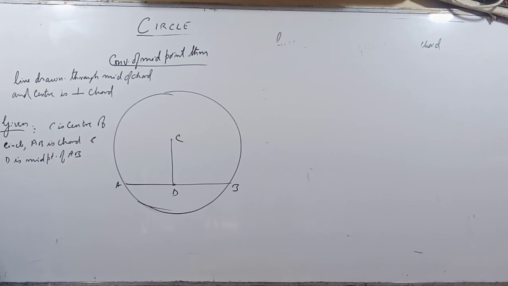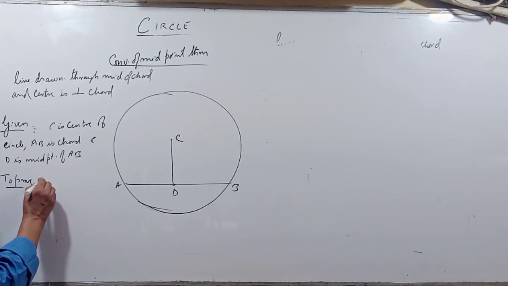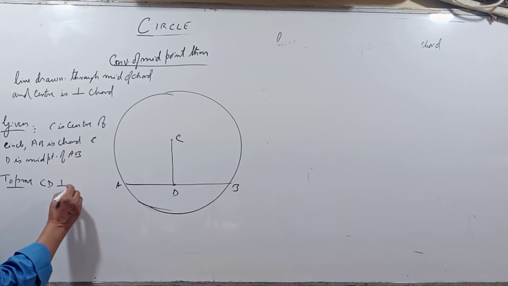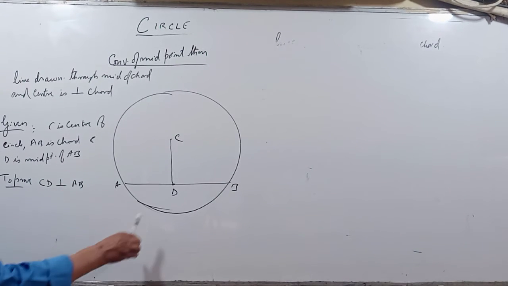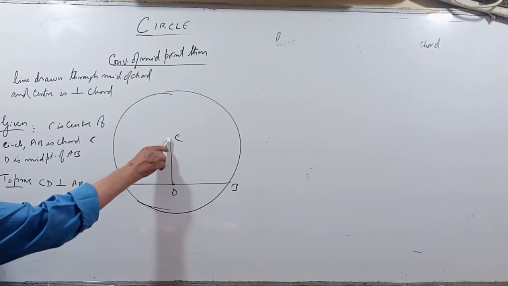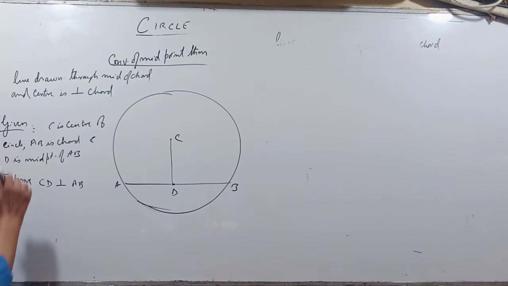D is the midpoint of chord AB. To prove: CD perpendicular to AB. If D is the midpoint, C is the center, we have to prove CD is perpendicular.